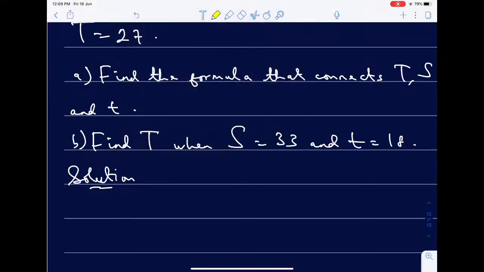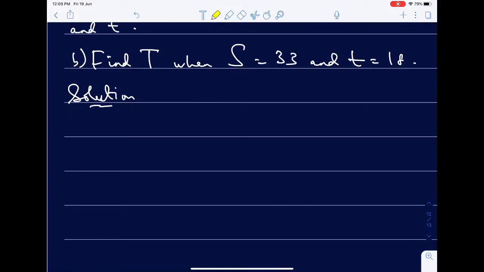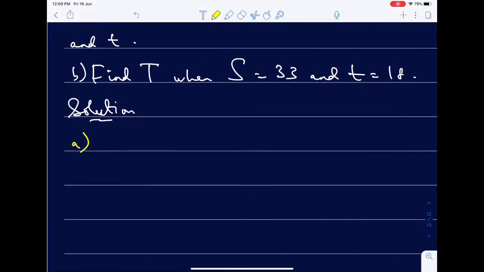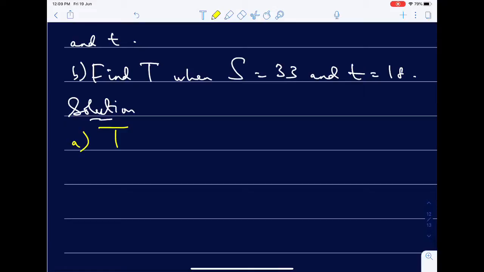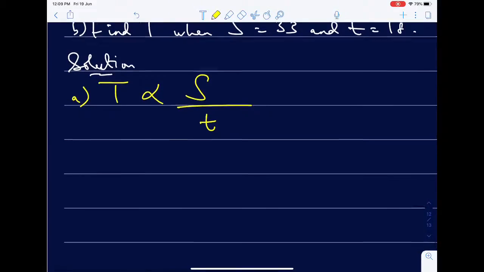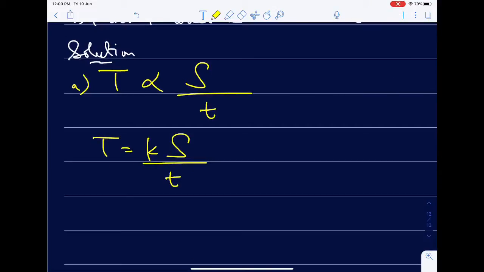Let me select a yellow ink. Now here, so we start with A. The relation of proportionality is T varies directly as big S and inversely as small t. Now that means T is equal to KS over small t.